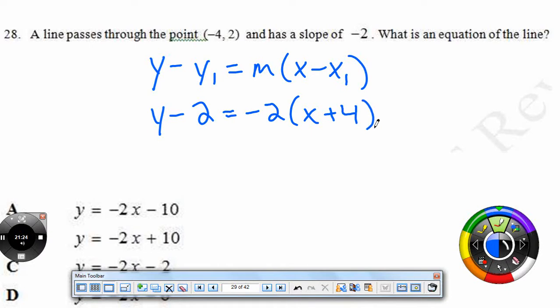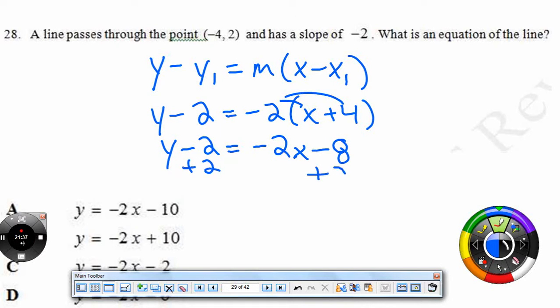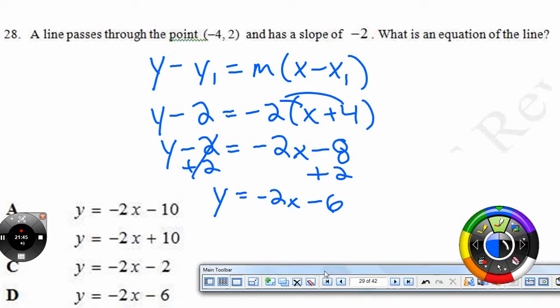And then we want to distribute. So negative 2x minus 8, and then we'll add 2 to both sides. So we have y equals negative 2x minus 6. So that looks like this one, D.